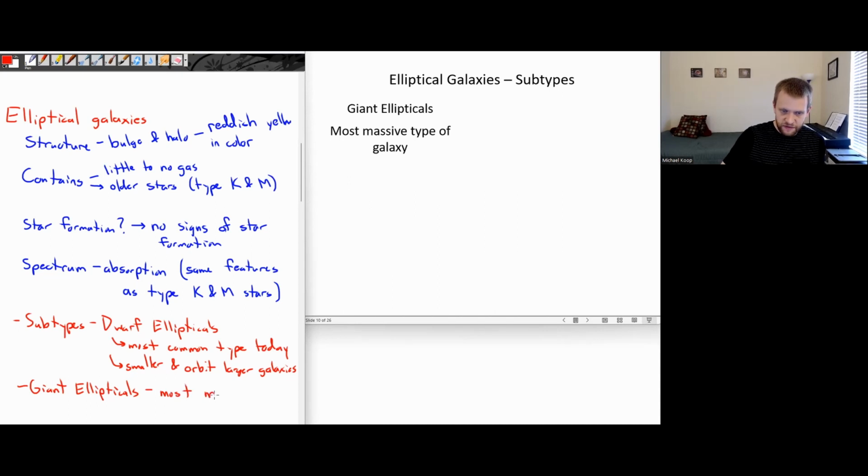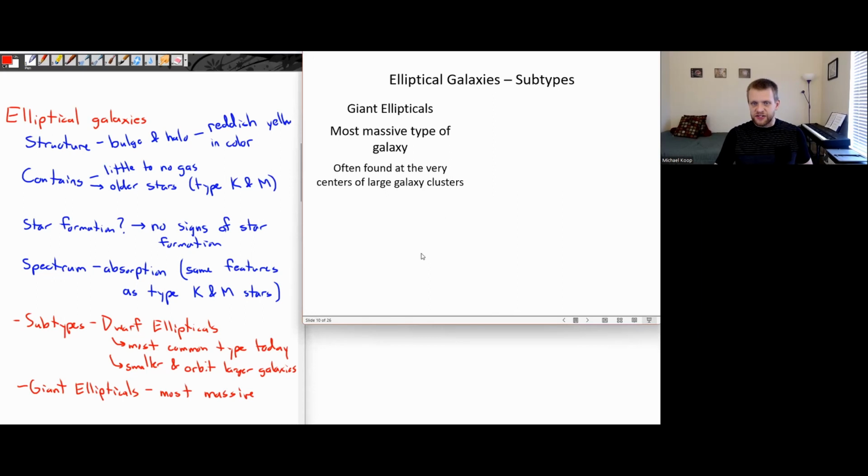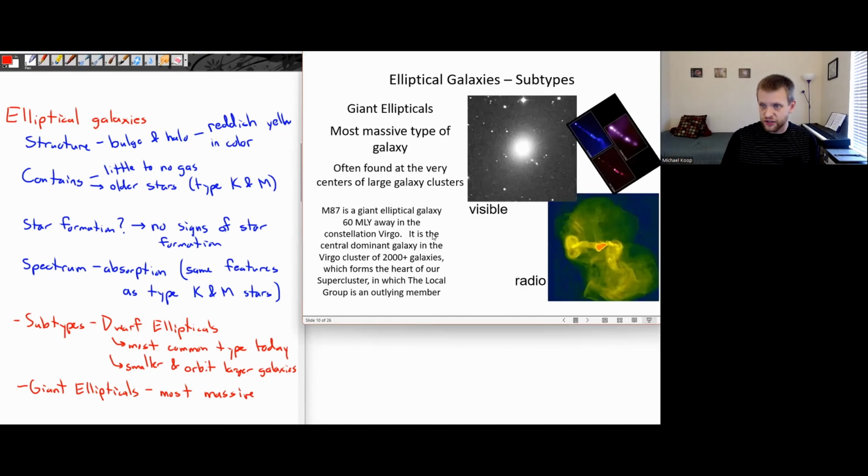These galaxies are very often found at the centers of clusters of galaxies. In one of the next sessions, we'll talk more about large-scale structure and how galaxies tend to clump together, forming groups and clusters, kind of like how stars form in groups and clusters.